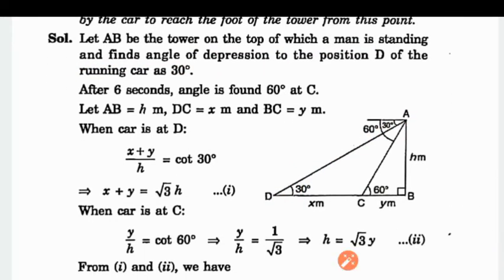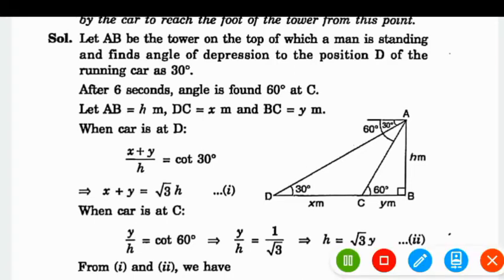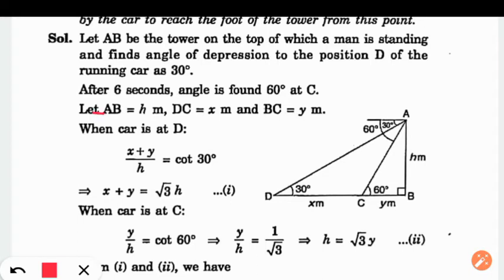After 6 seconds by the problem, the angle is found 60 degree at the point C. So, that means it travels this distance DC after 6 seconds, let it be x. So, let the height of the tower be h meter, CD as x, and BC, which we are required to find, as y.